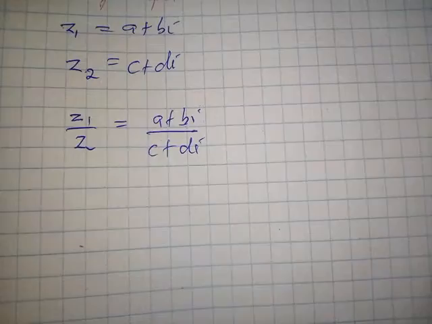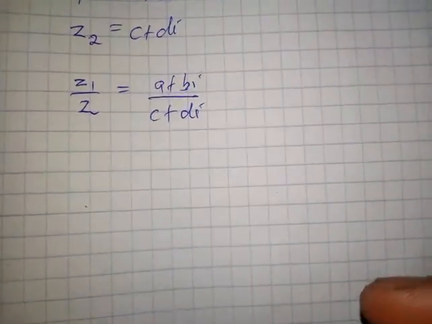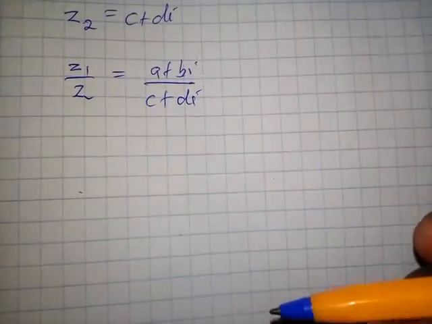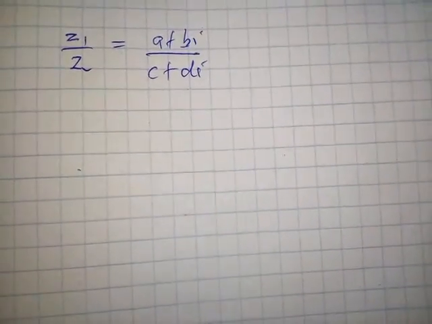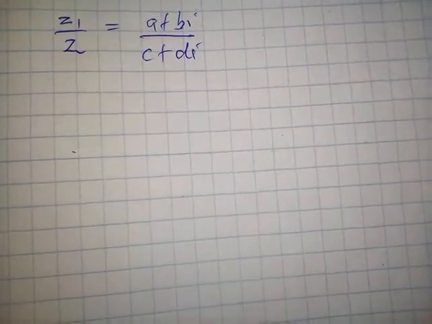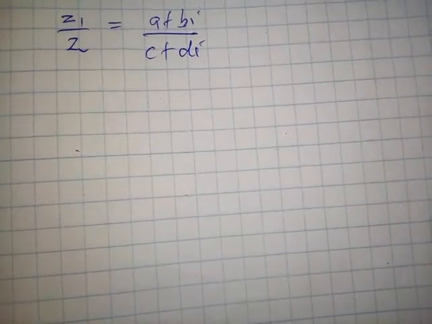So the first step, we rationalize the denominator by multiplying the numerator and the denominator by the conjugate of the denominator.